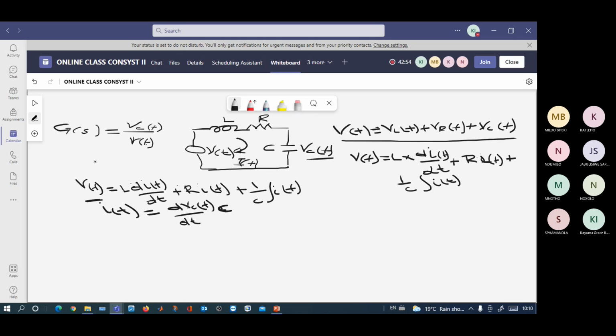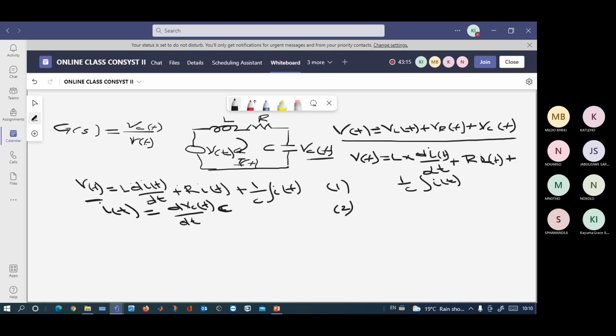After we got these two relationships, we can call this one 1 and this one 2. Having these two relationships, we can now apply the Laplace transform to these two equations.